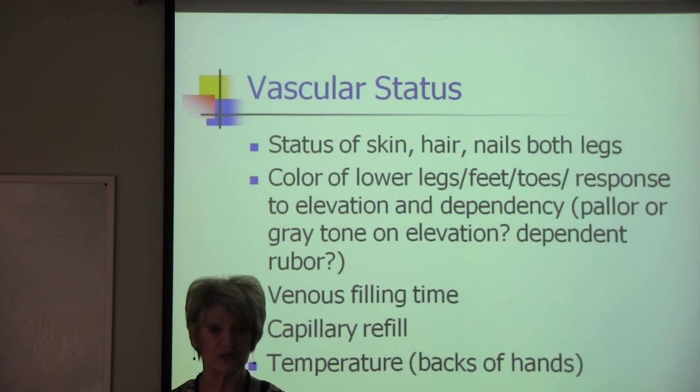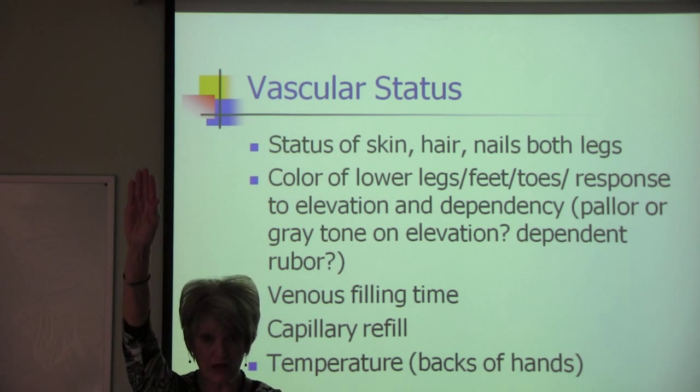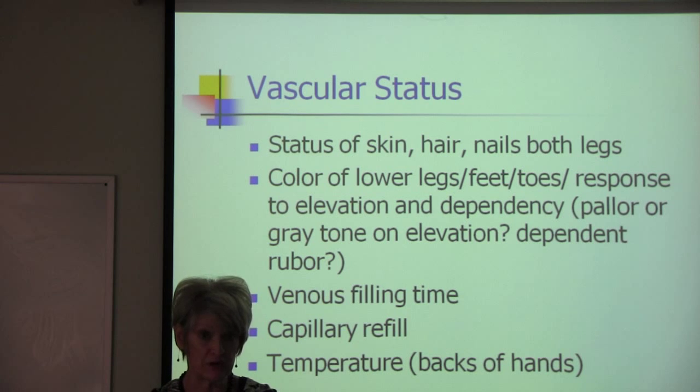And you're observing for dependent rubor. So you look at color in the neutral position, what happens when you elevate, what happens when you put the leg down. The person who has normal perfusion, there will be no change in color. The patient with significant peripheral arterial disease, you will see elevational pallor and dependent rubor.